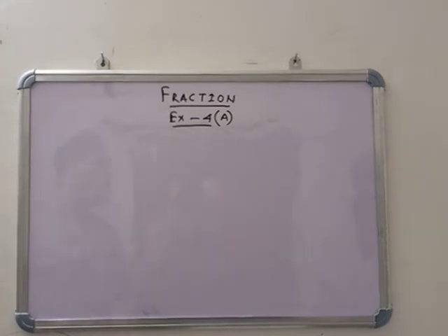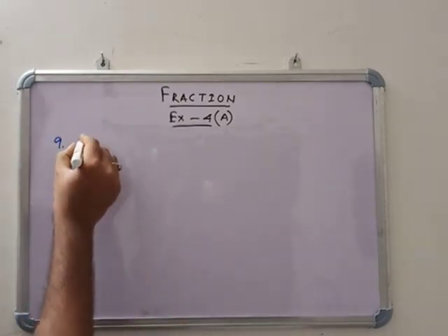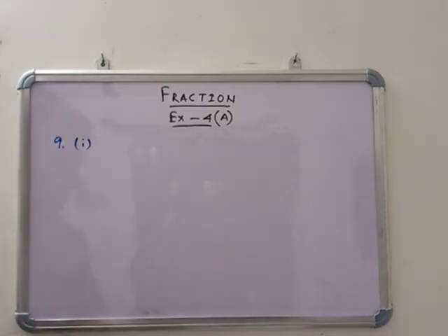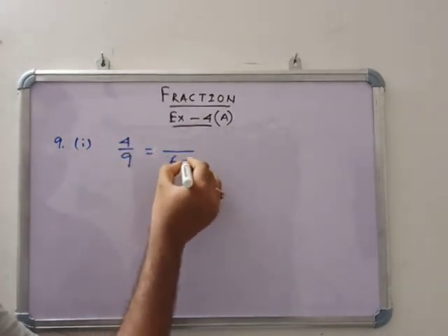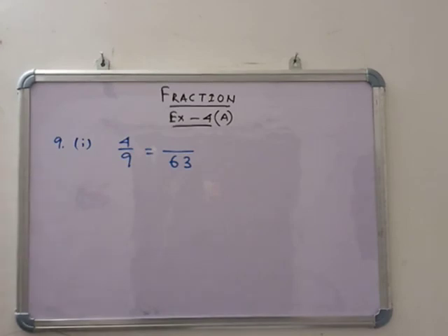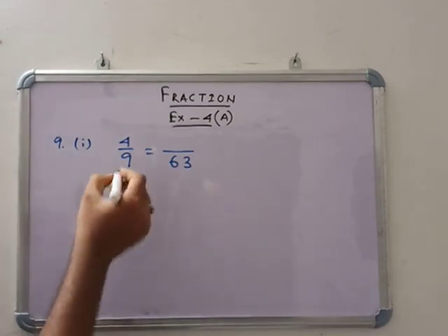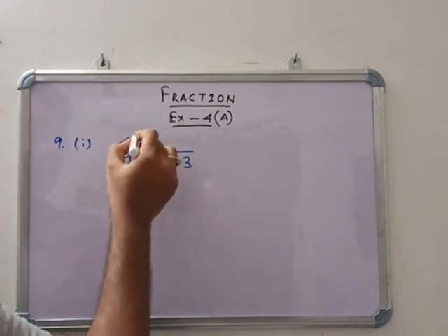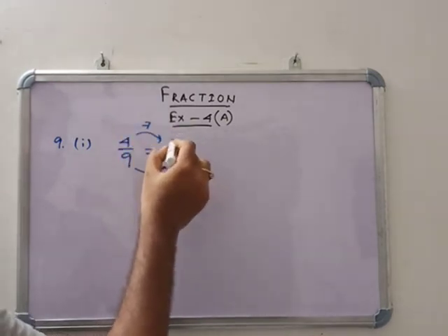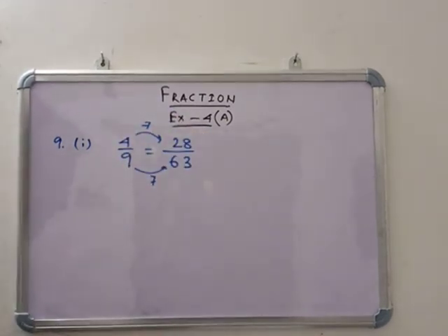Next one. In number 9, 9a1, 4 by 9 equals something by 63. You have to write this missing number. So that means 9 into 7. This is 63. Then 4 into 7, 28. So 28 by 63.